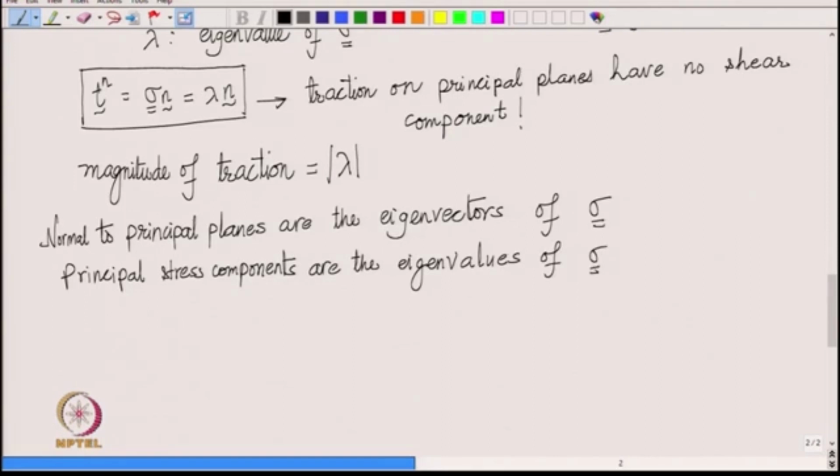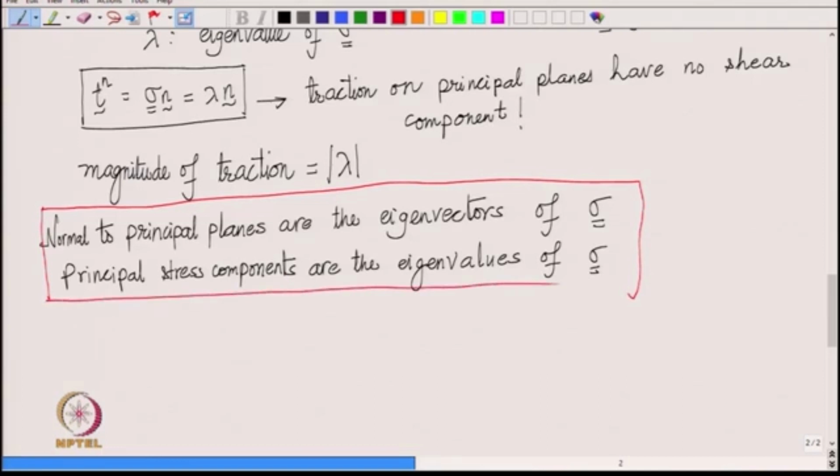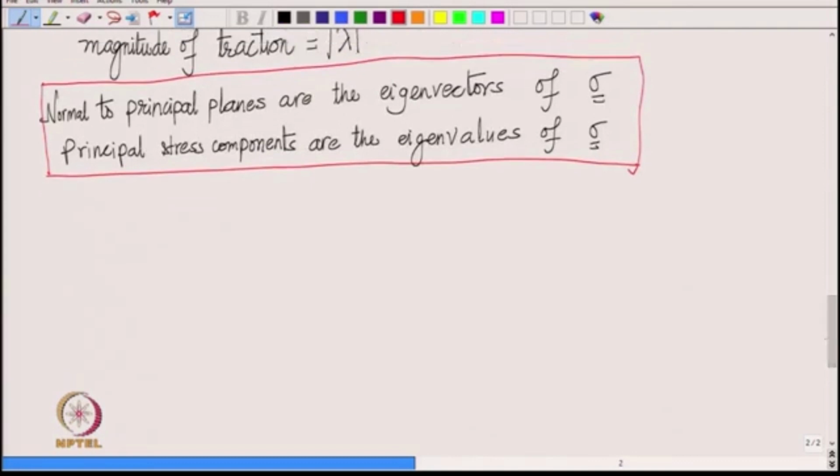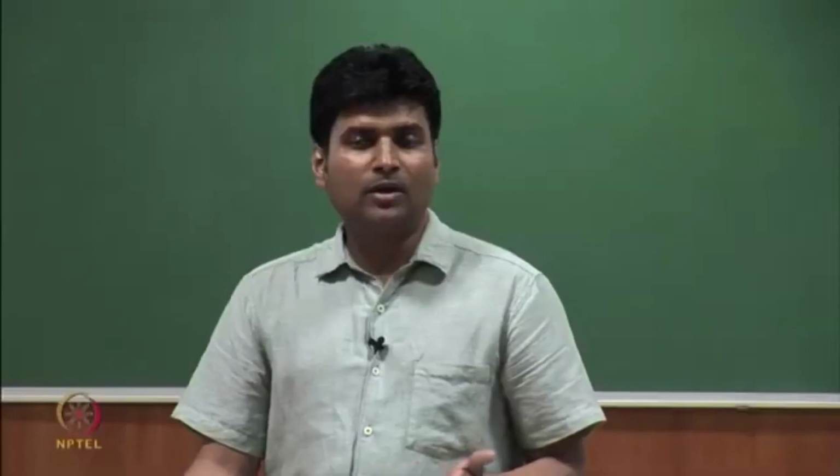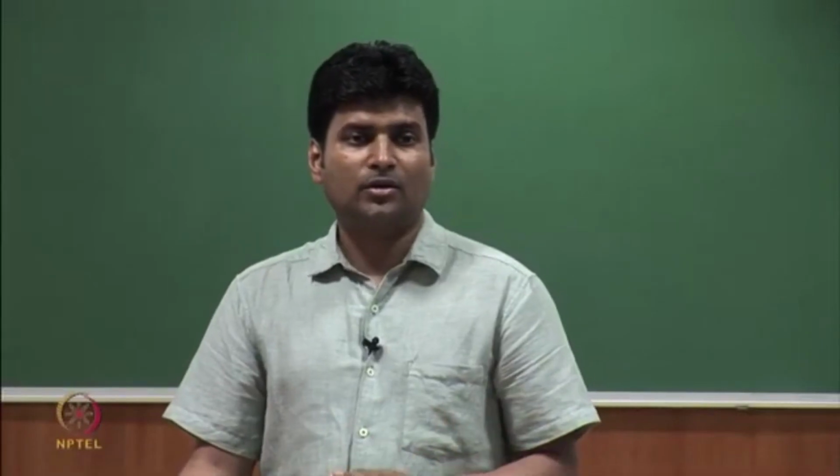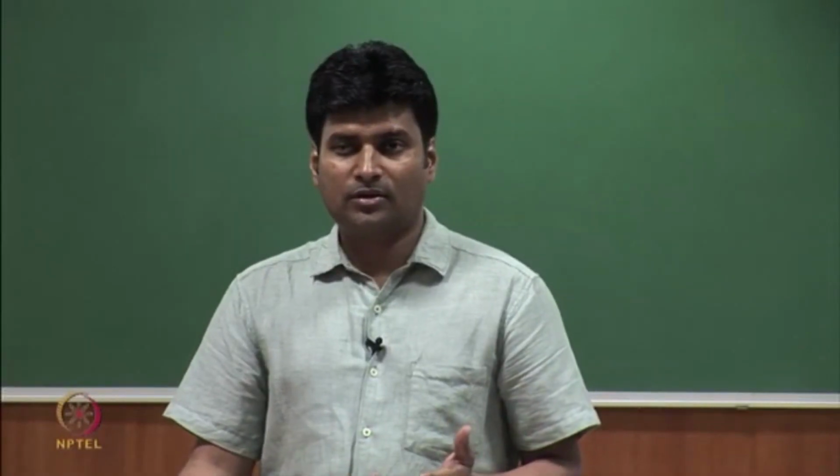So, that is really a nice result finally, simple and nice result. So, at any point you have the stress matrix and you want to find out the principal direction and principal stress component, simply find out the eigenvalue and eigenvector of the stress matrix, right.